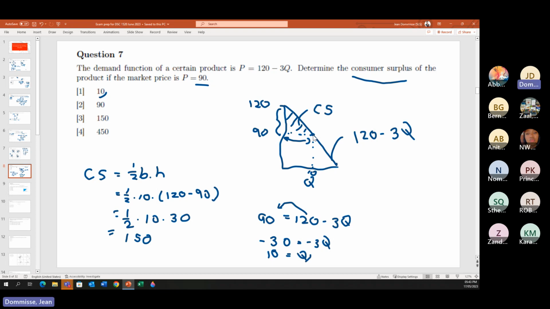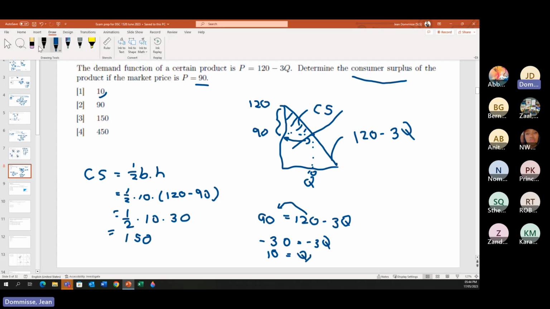For your consumer surplus, they need to give you the demand function or give you something that you can work with. If they've given you only the supply, it's very difficult, unless they give you more.